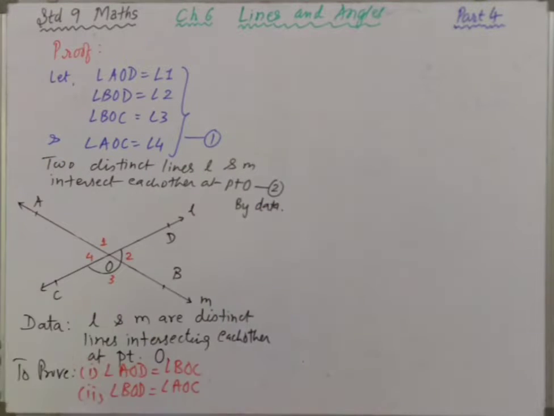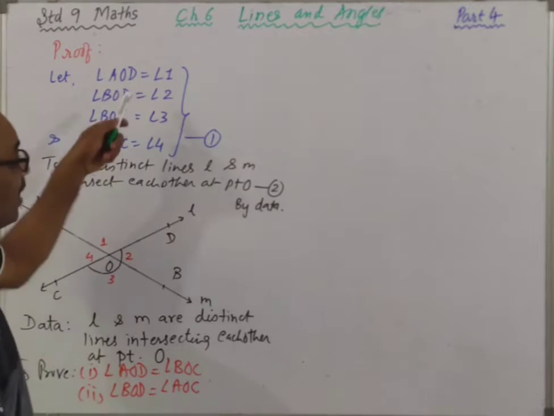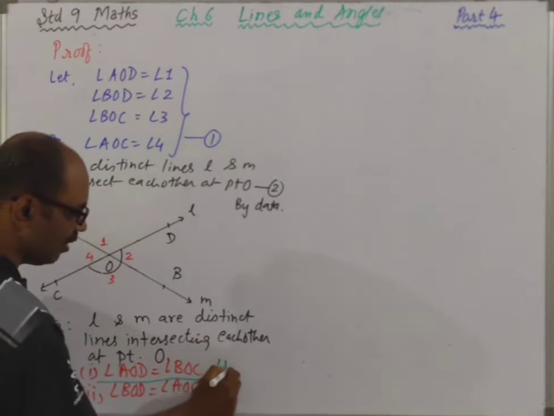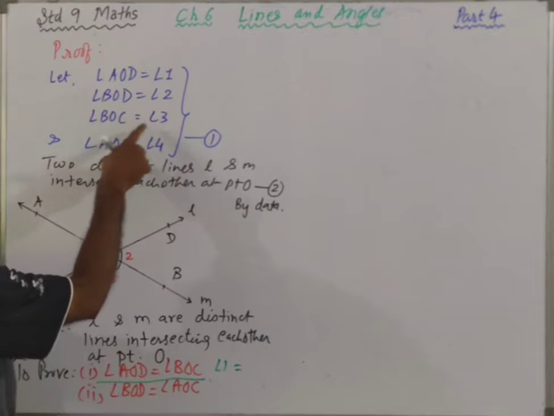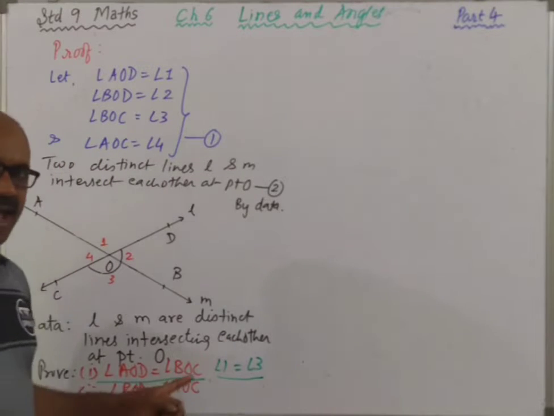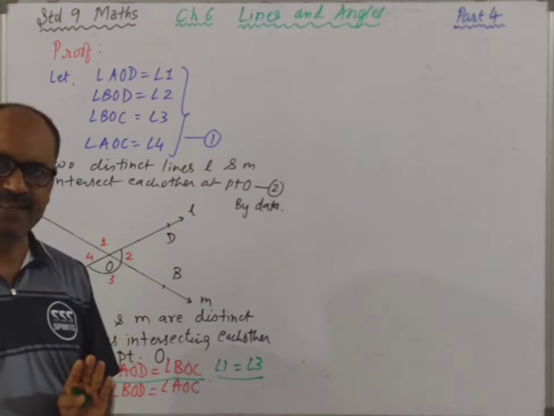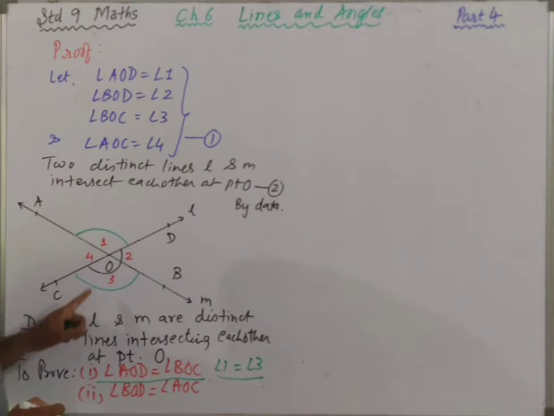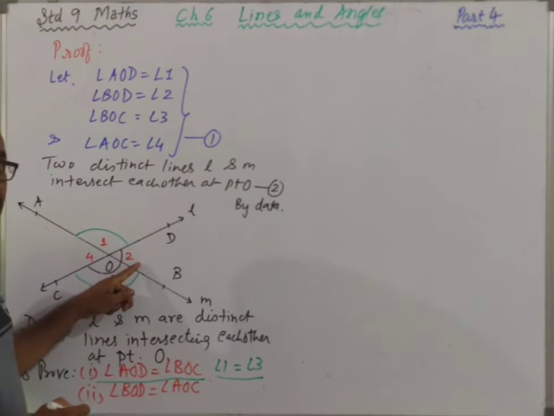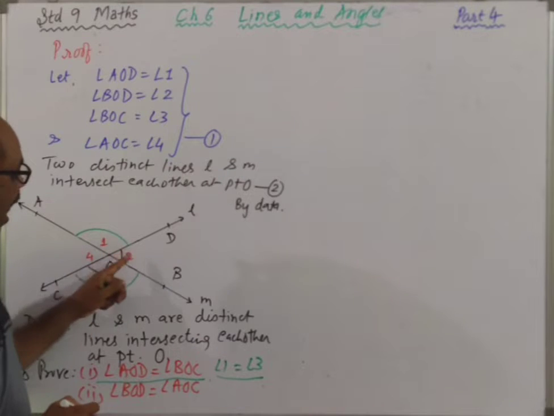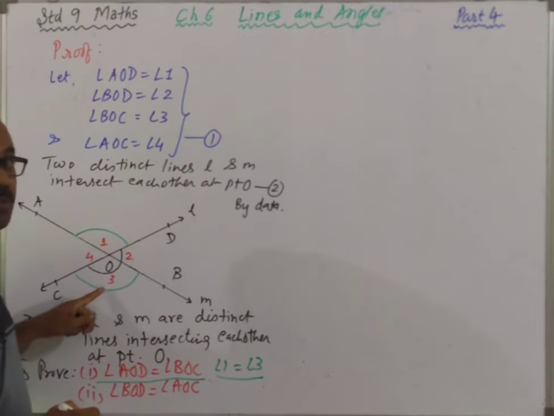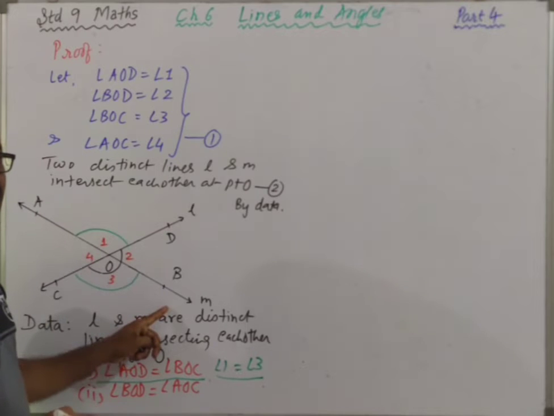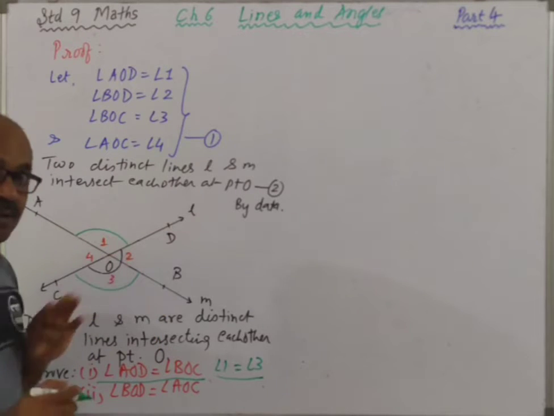Alright, now what is the little thinking to do? We gave the numbers, so if I have to prove angle AOD, angle number 1, is equal to BOC, angle number 3, we have to prove angle 1 is equal to angle 3. The rest we will see later. Focus on angle 1 and angle 3. Correct, we have to prove this. Now between the two there is also angle 2. Angle 2 forms a linear pair with 1. Angle 2 also forms a linear pair with 3. So you can use that. Ray OD stands on line AOB. By Axiom 6.1, angle 1 plus angle 2 is 180.